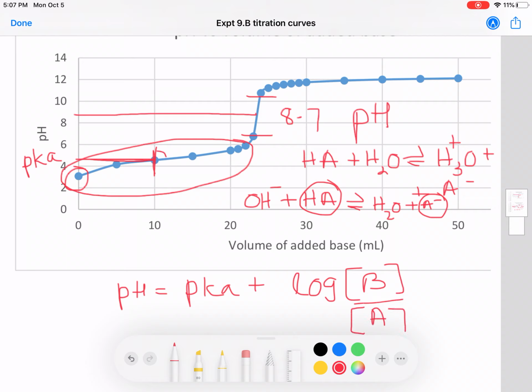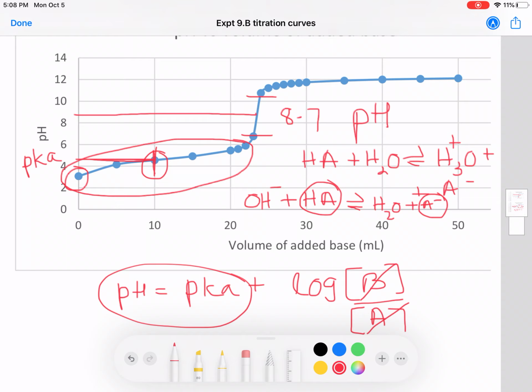Now at this point, the concentration of base and the concentration of acid are going to be equal, so the pH will become equal to pKa. So if you find the midpoint of this gradually increasing buffer region, that will give you the pKa.